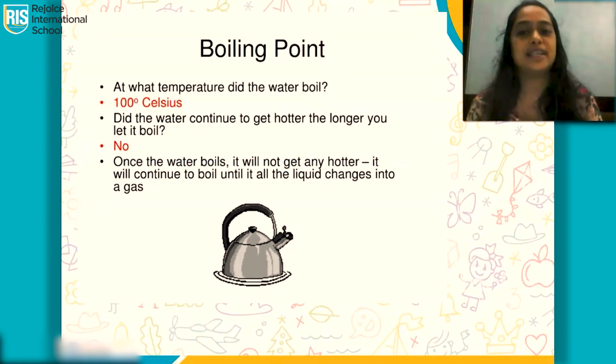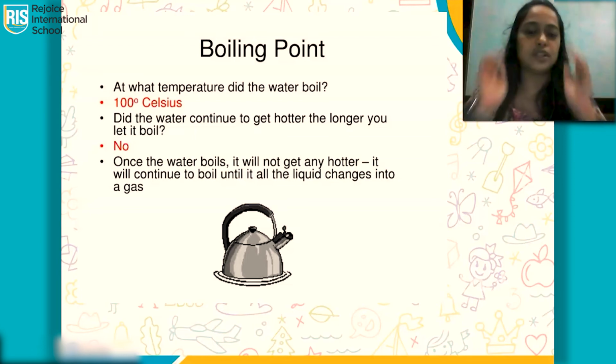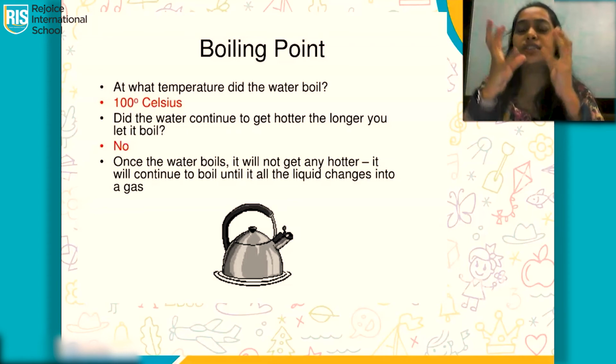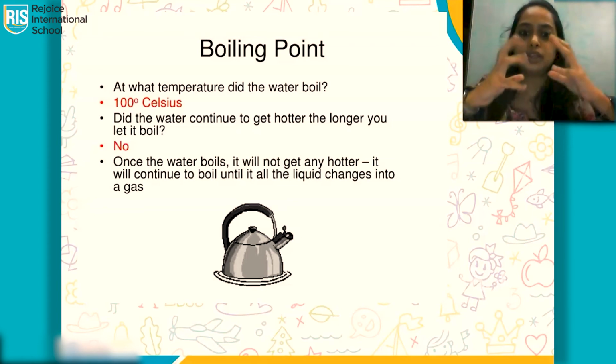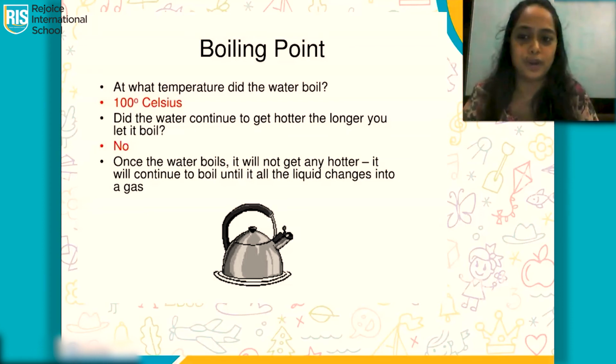Yes, the answer is that at 100 degrees Celsius, water actually starts boiling. You put the water container on the gas and start giving it heat. It will not start boiling immediately. Only when the temperature rises to 100 degrees Celsius does it start to boil.